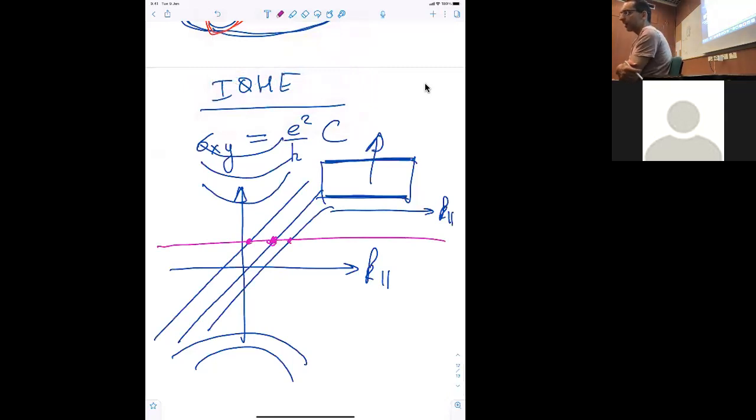So right now it's filling fraction 3, Chern number 3, which is plotted on this figure. So these are the physical implications of a finite Chern number for a quantum Hall system.